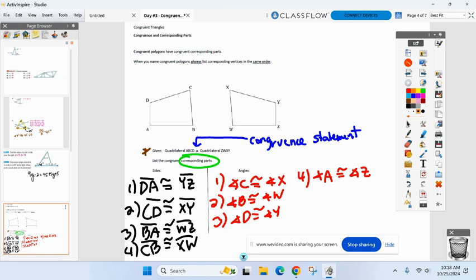Does everyone see what I'm talking about? Because you're going to have to write your own eventually. For instance, Lucy, you gave me C and X, right? I didn't have to look at the diagram because I saw C was in the third spot and so was X. So they had to match up. Everyone all good? That's how congruent statements are always written, with the corresponding sides and angles written in order for you.